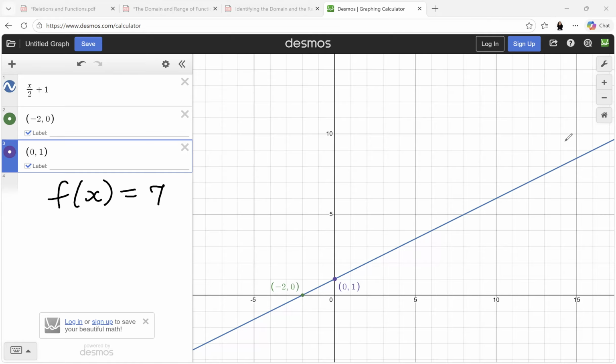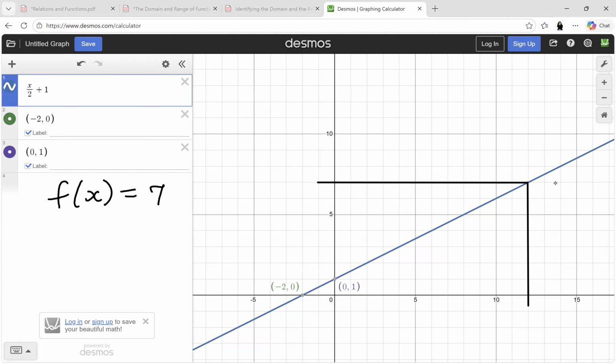So f of x is equal to 7 here, and the corresponding x value is 12. So the coordinates of the point, or the ordered pair, will be 12, 7, right?